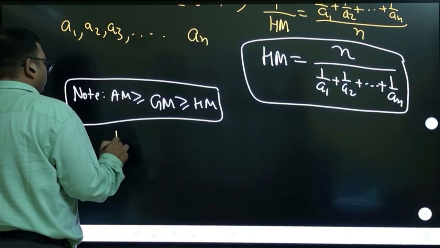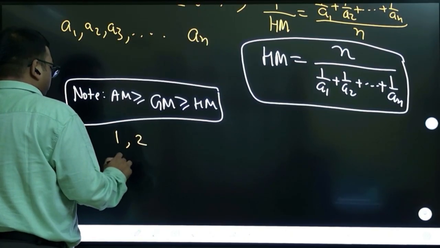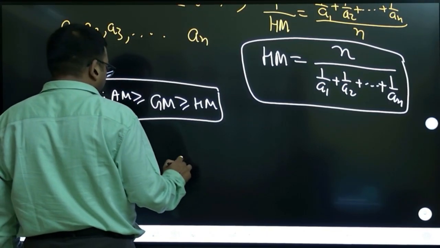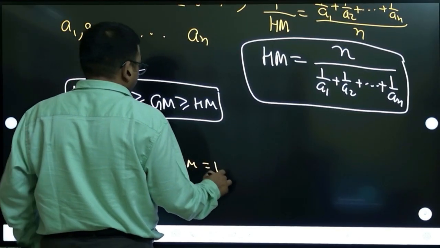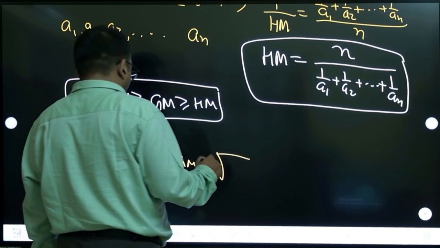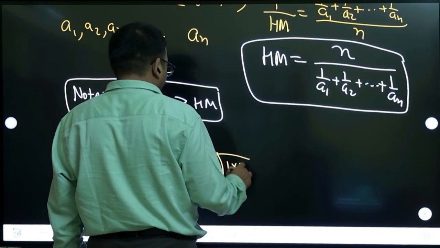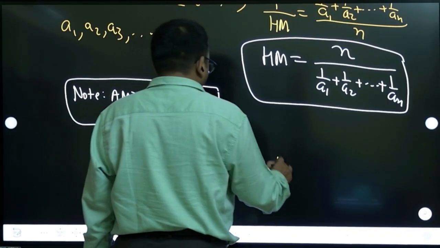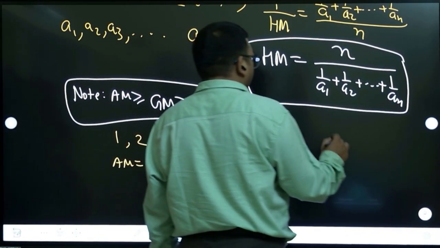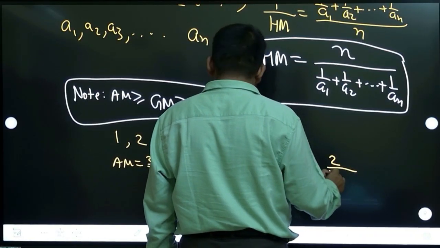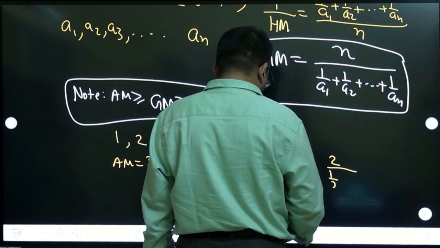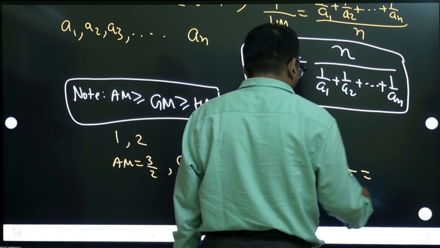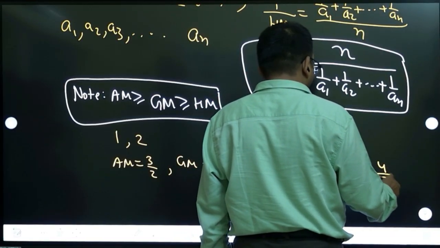Suppose I take 1 and 2. The arithmetic mean becomes 3 by 2. The geometric mean becomes root under 1 into 2, that is nearly 1.414. The harmonic mean becomes how much? 2 divided by 1 by 1 plus 1 by 2, which is 4 by 3.